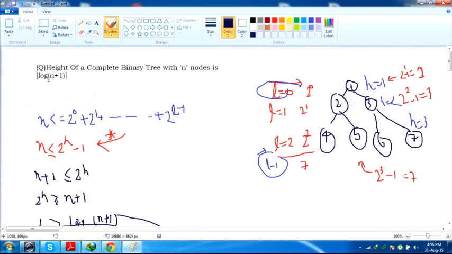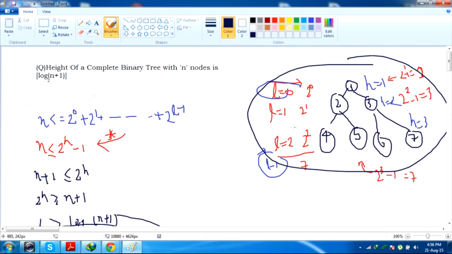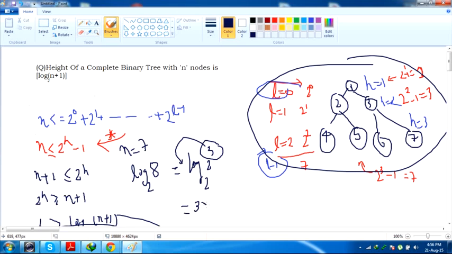Suppose in a given question, the number of nodes is given to me, suppose the number of nodes is 7, and I want to know the height. I simply add 1 to the given number of nodes, that is 8. If I want to calculate the value, then it is nothing but 2 to the power 3, 3 falls down here, then 3 into log base 2 of 2.